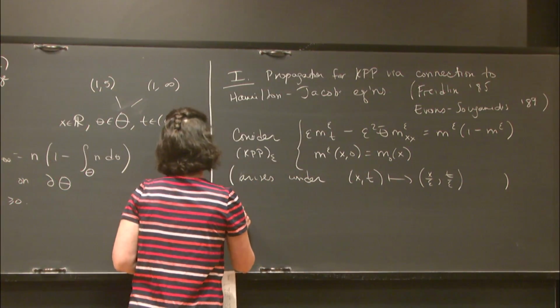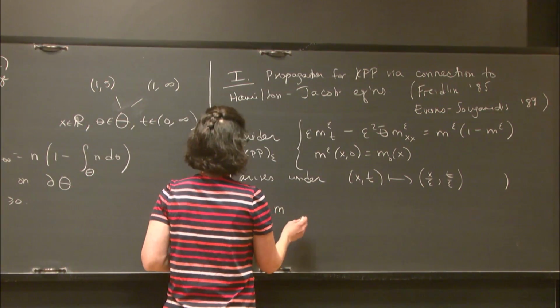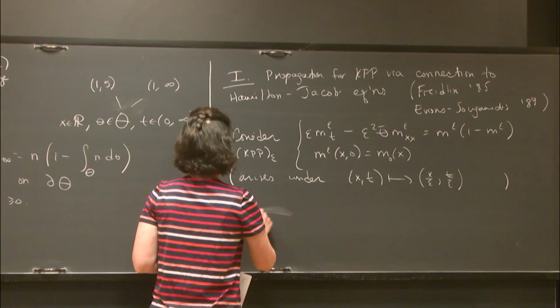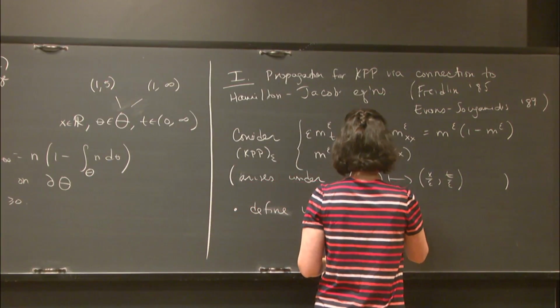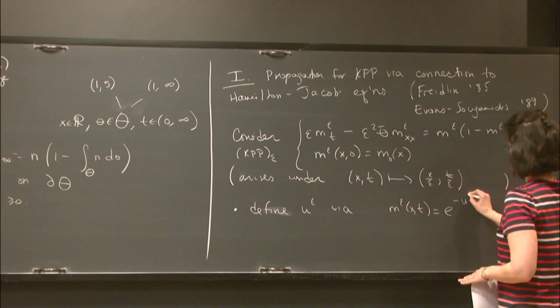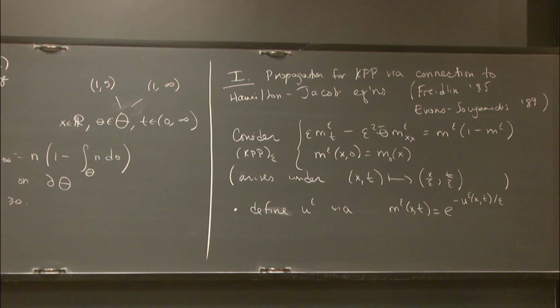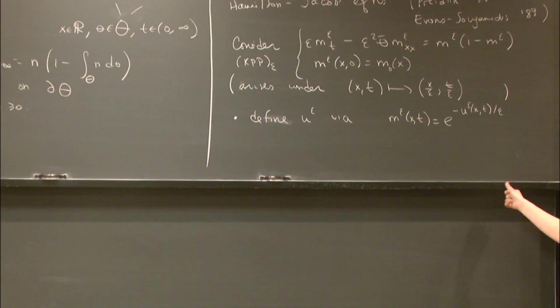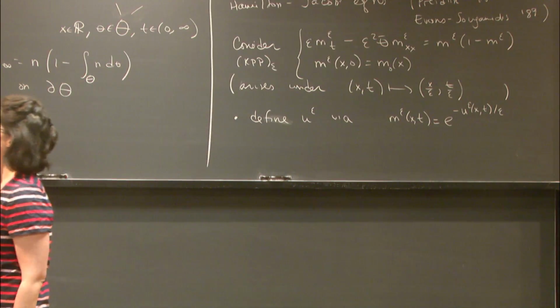So you can perform the following transformation. You define u epsilon via this exponential change of variables. Since your m is positive, defining this u epsilon makes sense. Moreover, by the comparison principle, let's also say our initial data is between 0 and 1.